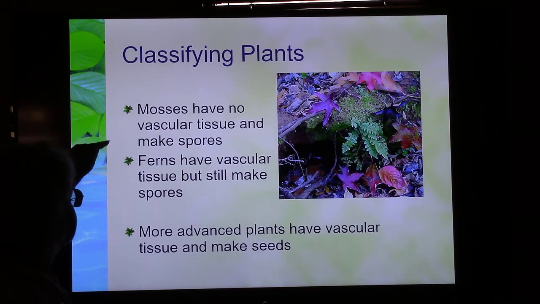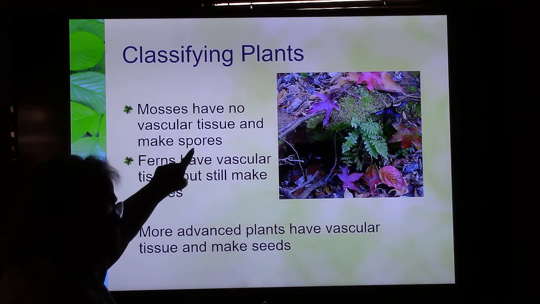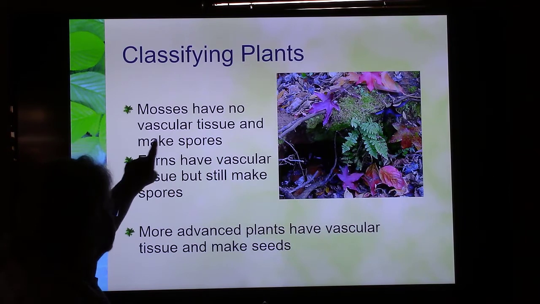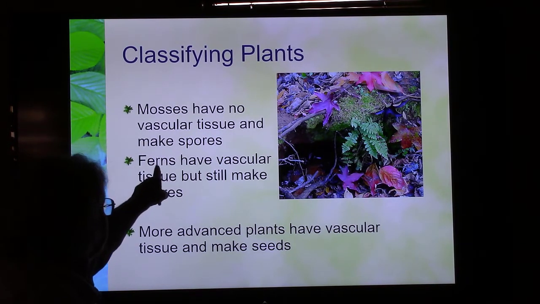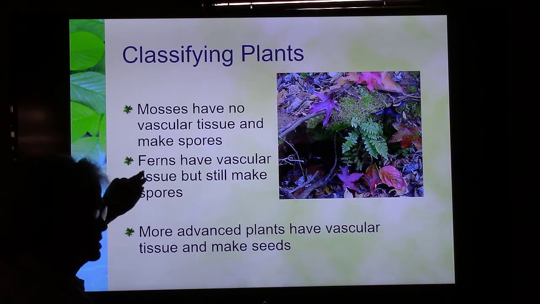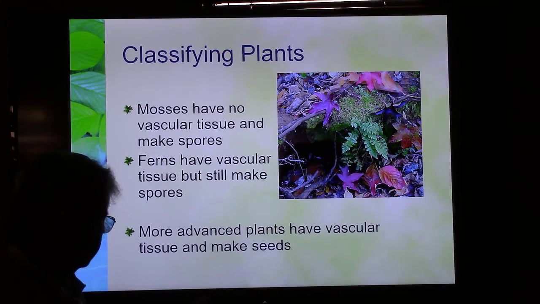So mosses: no vascular tissue, and make spores. Ferns: vascular tissue, still making spores. More advanced plants have vascular tissue and make seed. If you're not dealing with a moss or a fern, you're dealing with an advanced plant.